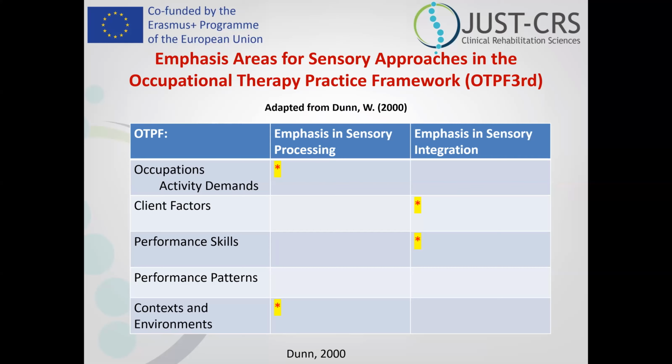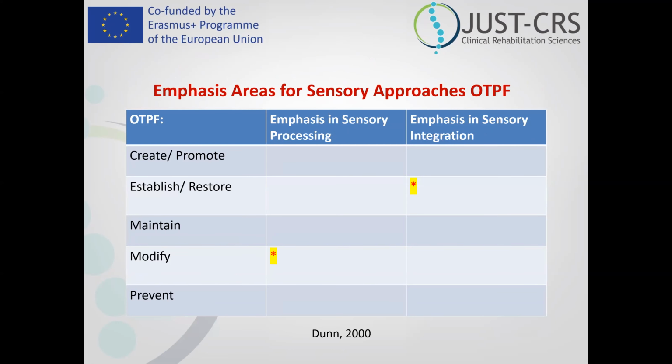And if we use the sensory processing knowledge, we will be more occupation-based, or use more of the top-down approach. Specifically looking at the intervention approaches, the Occupational Therapy Practice Framework presents these intervention approaches: create, promote, establish, restore, maintain, modify, prevent.